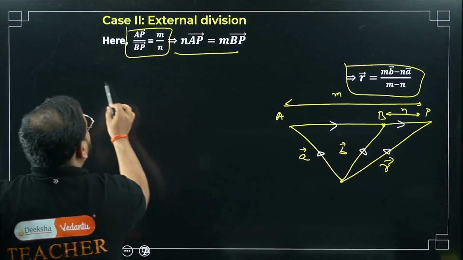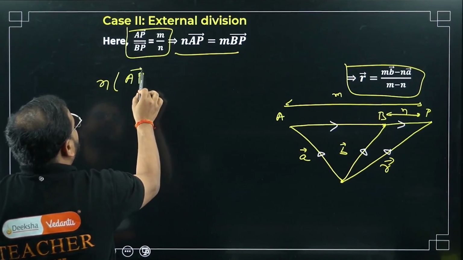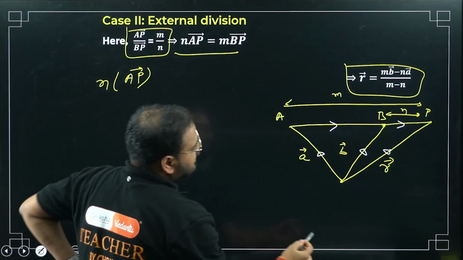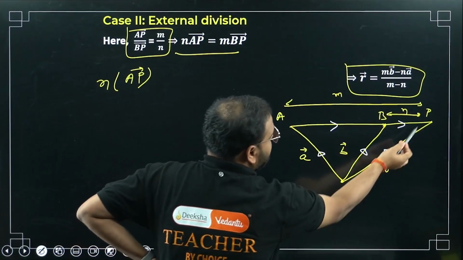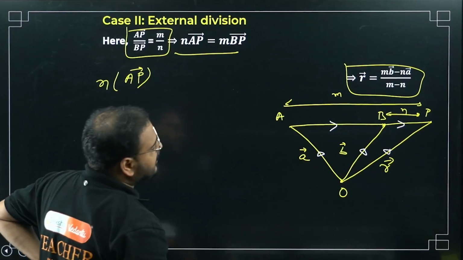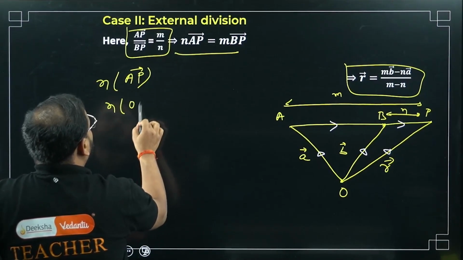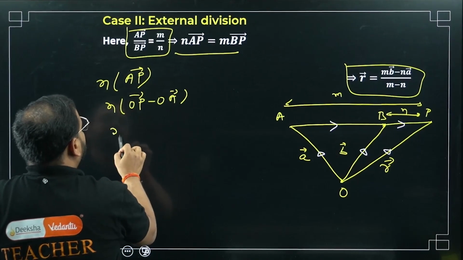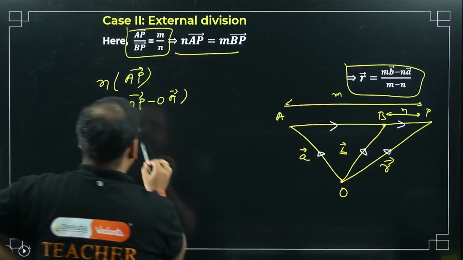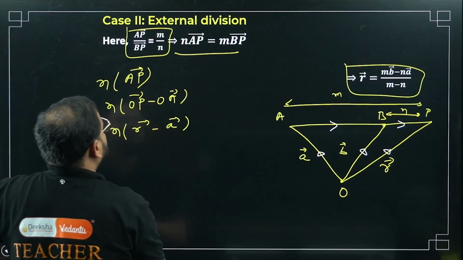So if I write it like this, N times of AP is there, right? How can I write AP? If I write this point as O, the origin, AP will be OP minus OA. So I write N times of OP minus OA. N times of what is OP? OP is R, minus OA is minus A. This is for N times AP.